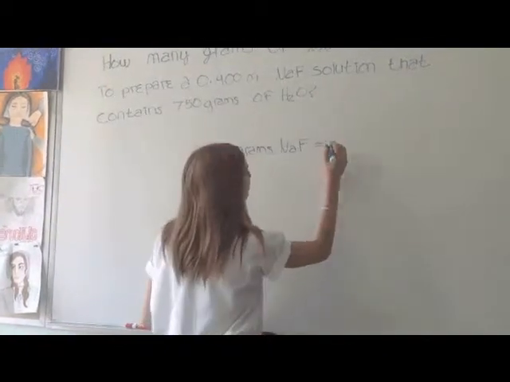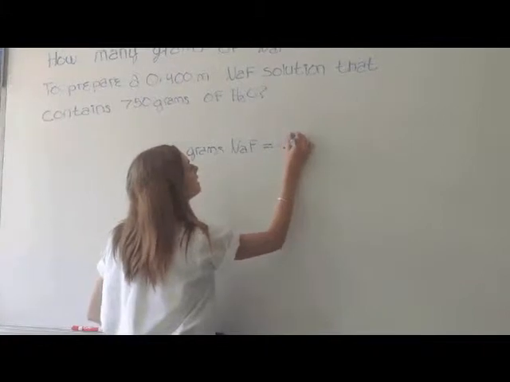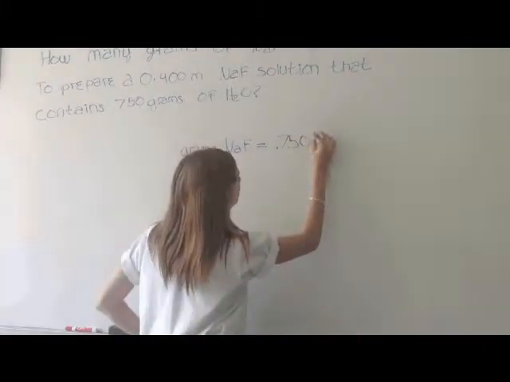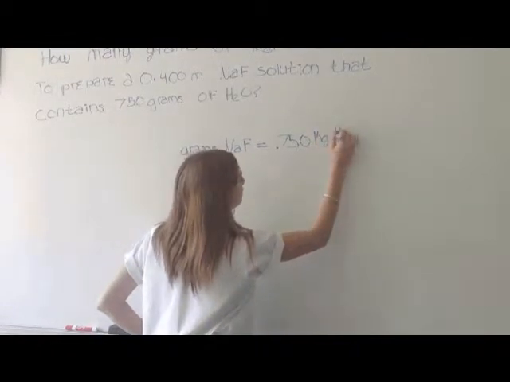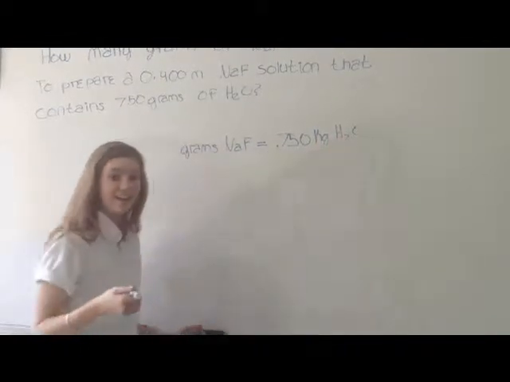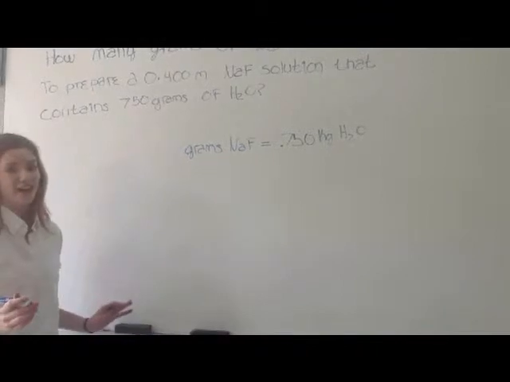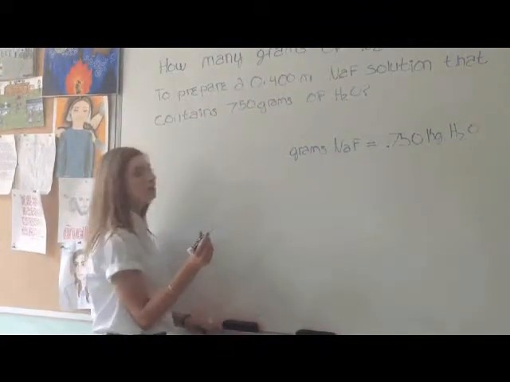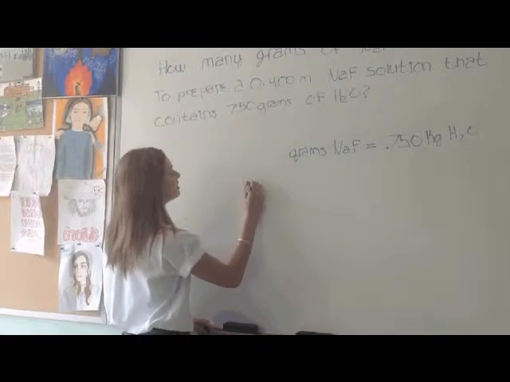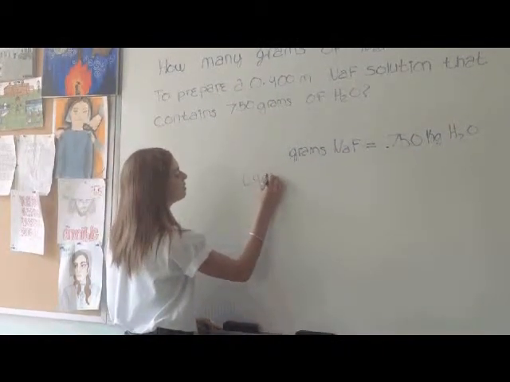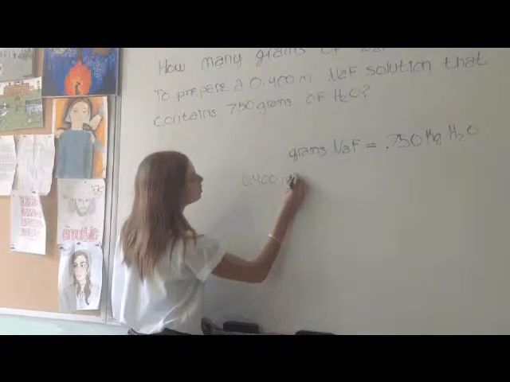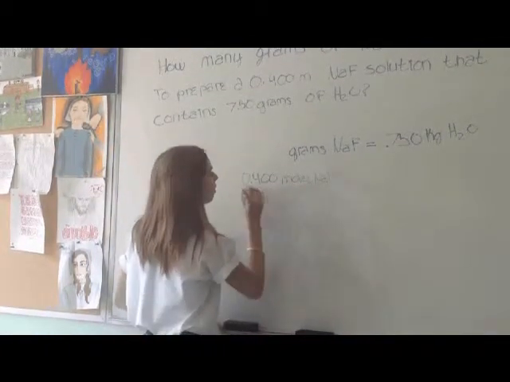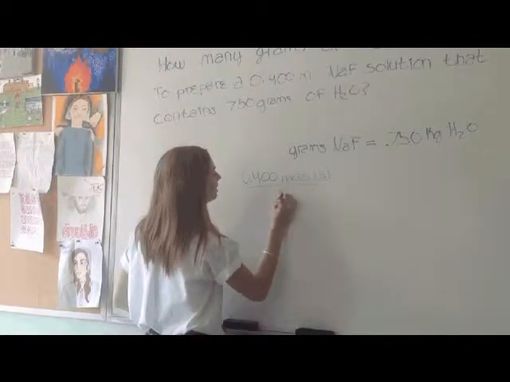We are then going to convert it into kilograms, making it 0.750 kilograms of H2O. Now get ready, here comes our conversion factor. We are given 0.400 molal, which is then going to be 0.400 moles of NaF over 1 kilogram.